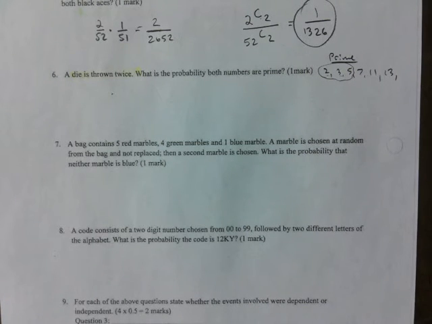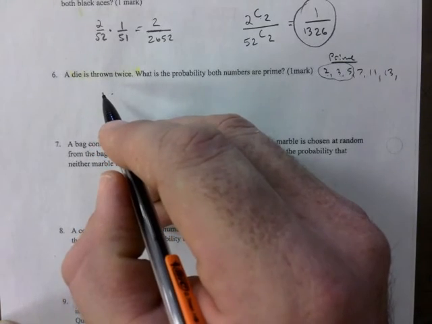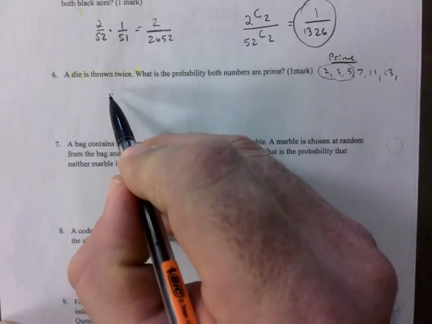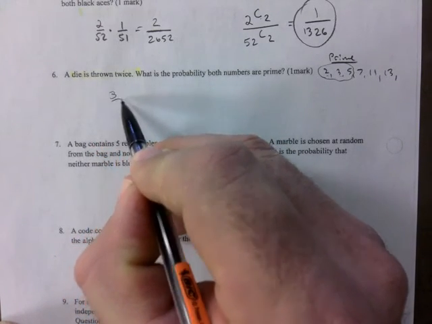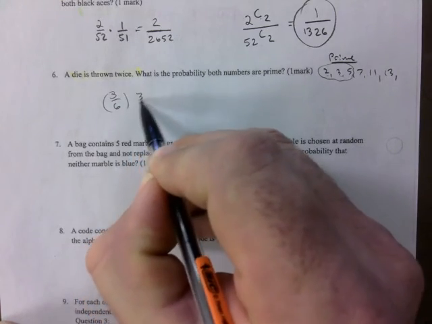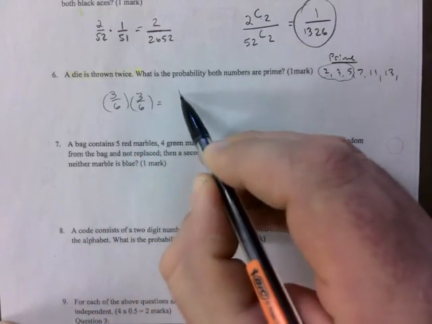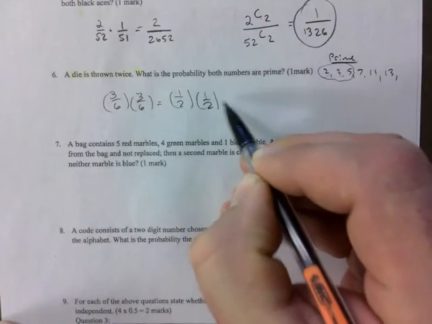I think it's long debated. I won't have primes on the test. How is that? You can handle that, right? So we've got 3 out of 6 times 3 out of 6. So it's half, half, right? Half times half, which is a quarter.